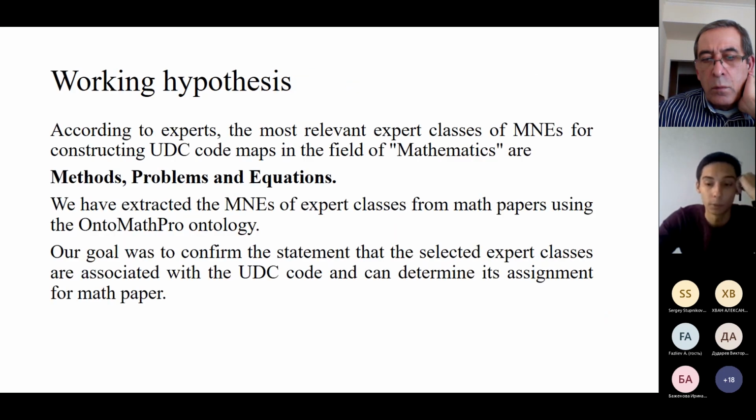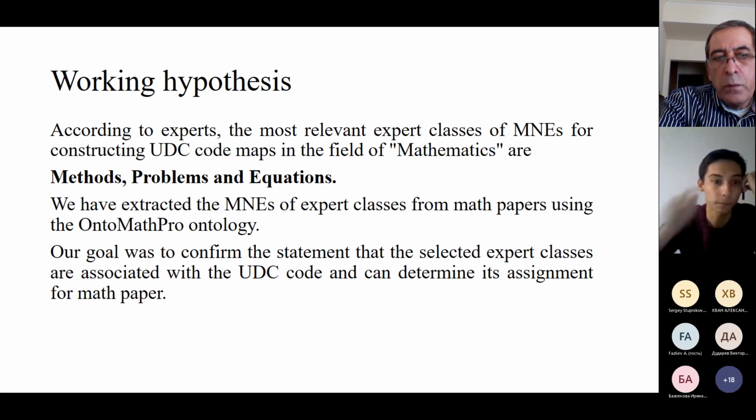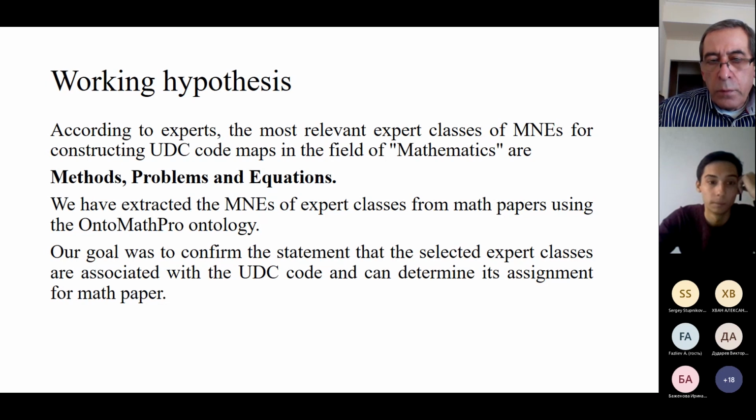В качестве рабочей гипотезы мы рассматриваем то, что наиболее релевантными классами математических сущностей для выбора УДК являются методы, проблемы и уравнения. Далее мы будем называть их экспертными классами. Целью экспериментов является определение значимости экспертных классов для определения кода УДК статьи.